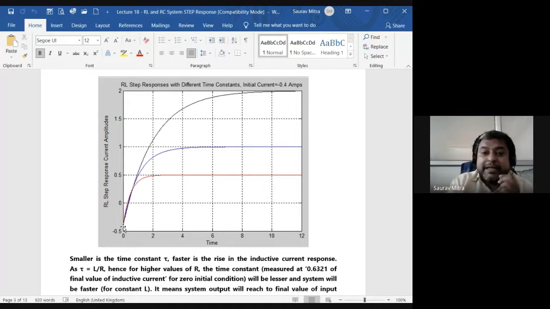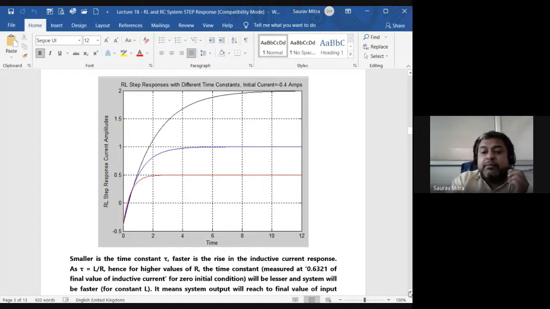Second, blue was having 1, third, black was having 2, but it is now building up from minus 0.4. In this case there is quite a lot of transient region whenever there is a negative current. Blue is starting from minus 0.4 and going up to 1. Black is starting from minus 0.4 and then going up to 2. So this is a very important thing.